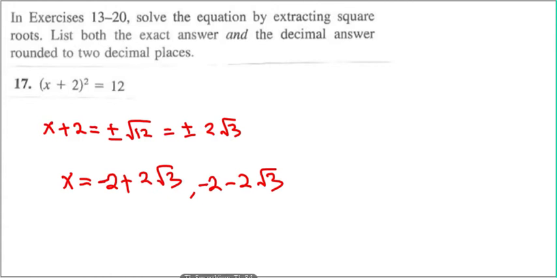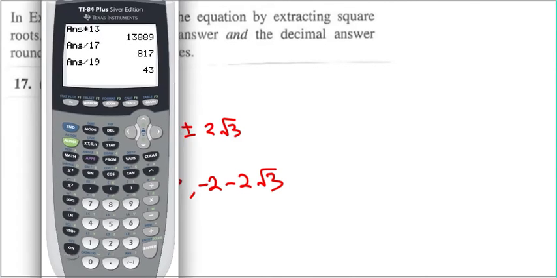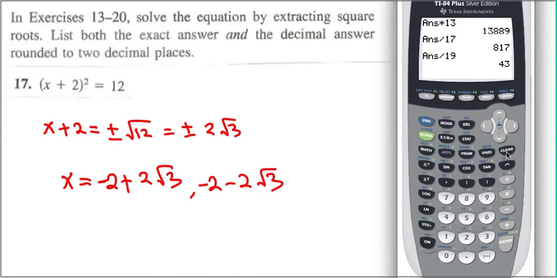Now if you have to put that into the calculator, for example, the first one is negative 2 plus 2 radical 3. That becomes this number.